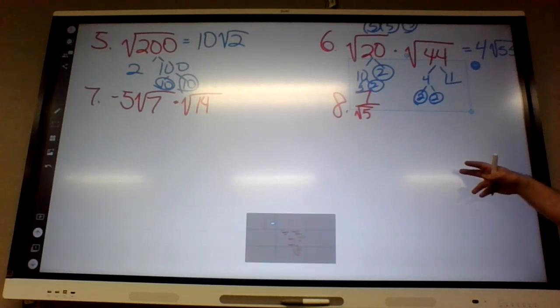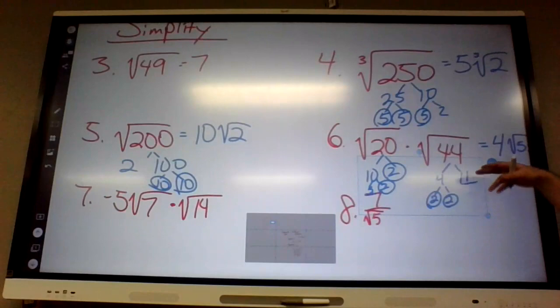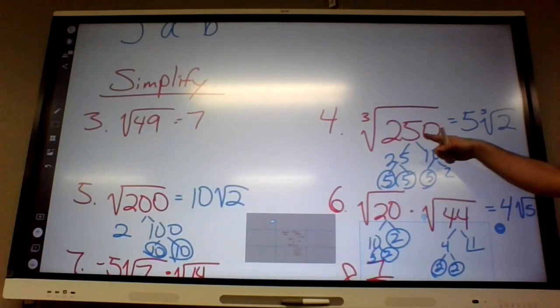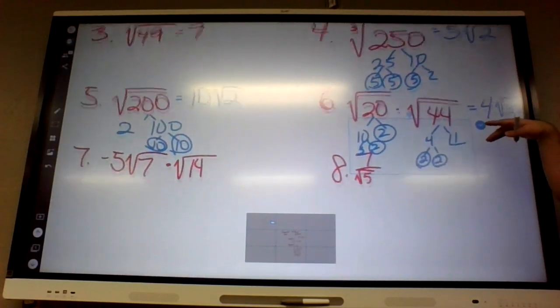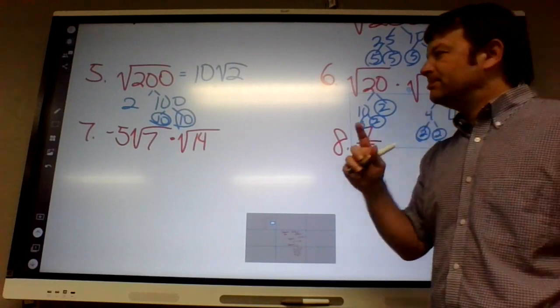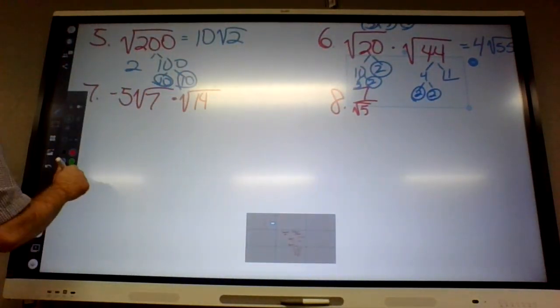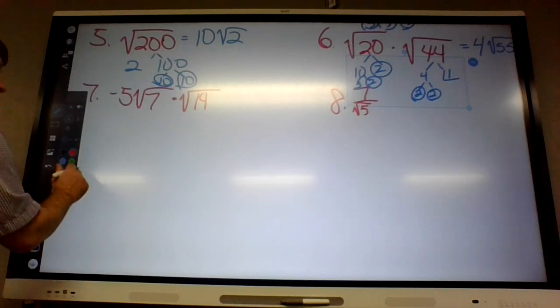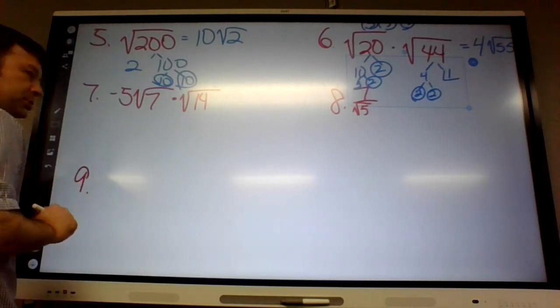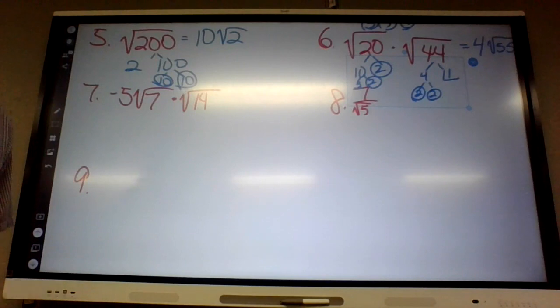A calculator can't do all of these, but it can do most of them. I did get rid of a lot of the hard ones, but you'll see them again when we get to algebra 2. Oh, we're not there yet.